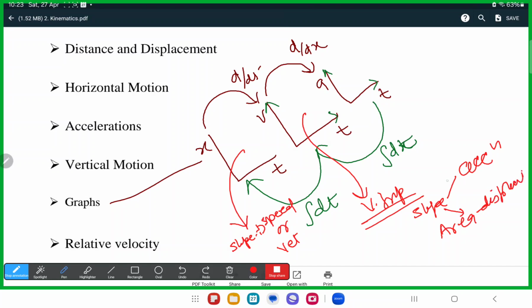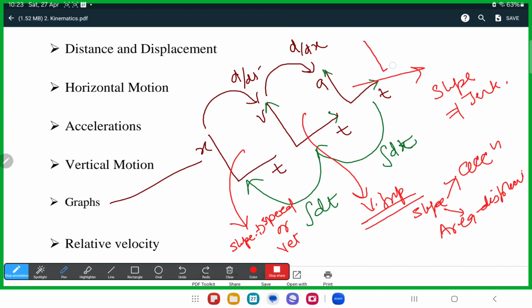Correct. Area will give me displacement. Now, the AT graph is not that important but better to know. The slope of the AT graph will give me jerk. So it's better to remember the AT graph.